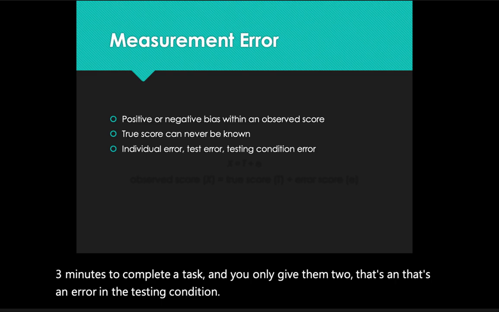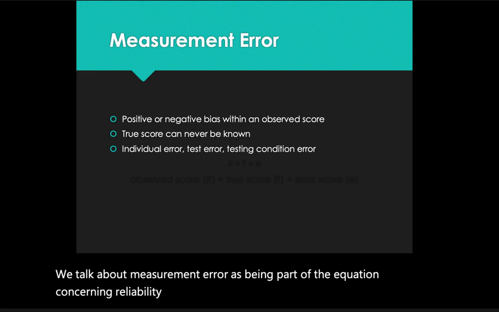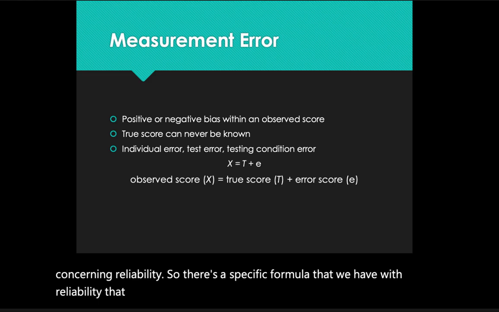We talk about measurement error as being part of the equation concerning reliability. So there's a specific formula that we have with reliability that is said to be related to our observed score.